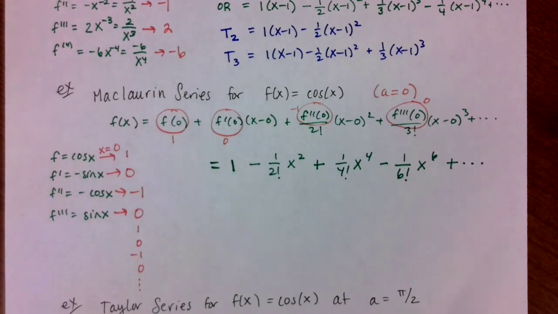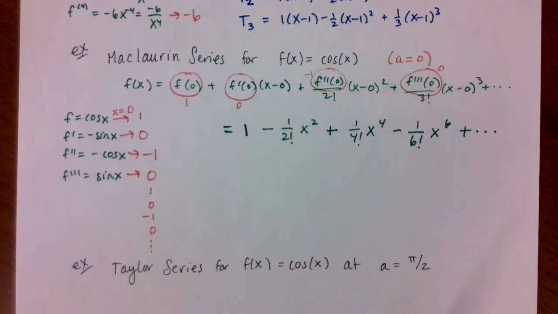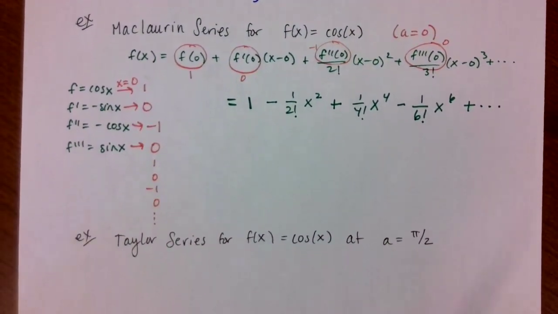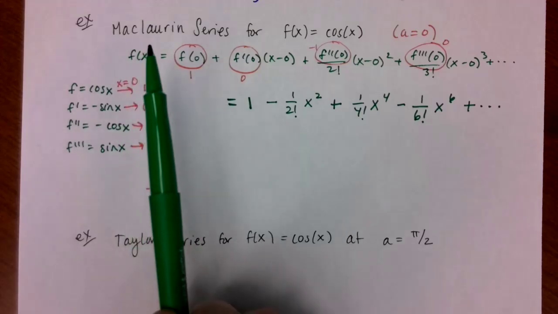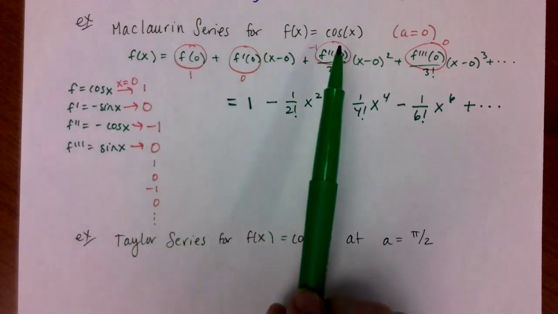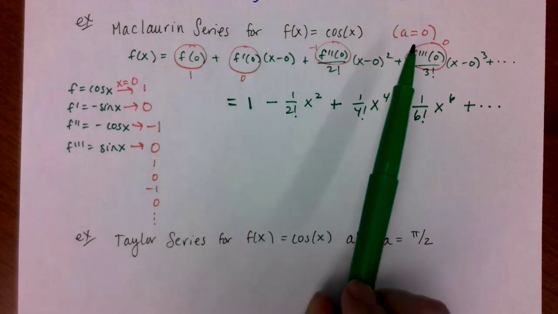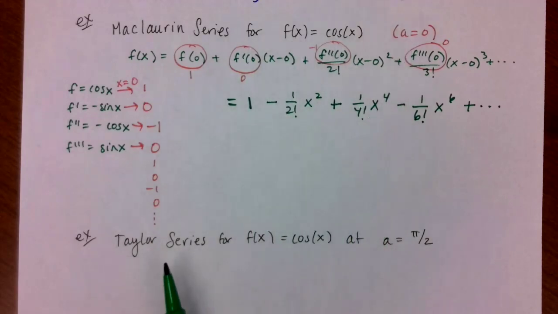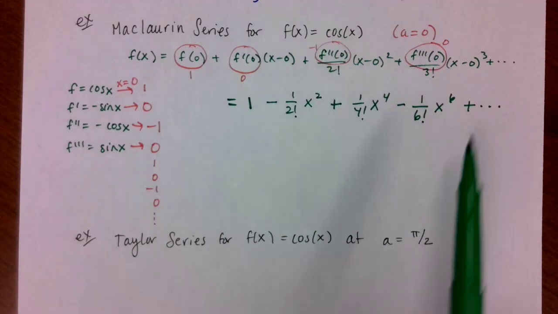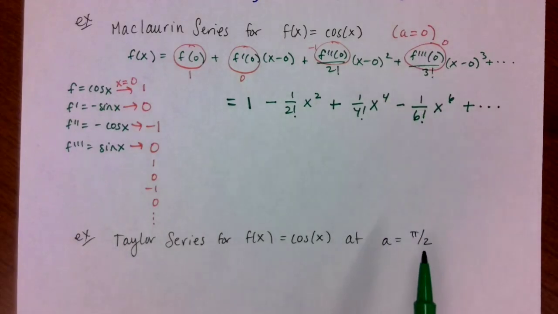Okay, the very last problem I have in this video is just a spin-off of the one before it, just for comparison's sake. So the example we just did is the Maclaurin series for cosine. So that's the Taylor series at 0. Now we're asked for the Taylor series of cosine at pi over 2. So same function, but a different center value of a.